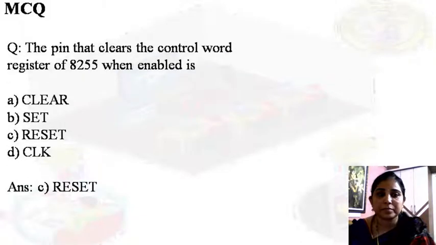And the next question is, the pin that clears the control word register of 8255 when enabled is: option A, clear, option B, set, option C, reset, and option D, clock. The right answer is option C, reset.